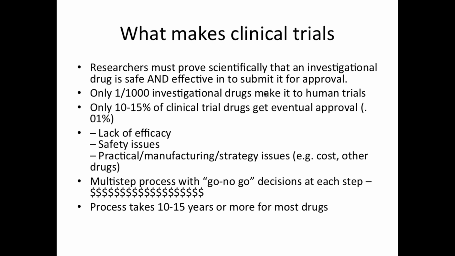Sometimes drugs can't get approval if there's just practical difficulties in manufacturing a drug or things that make that drug untenable for the population. And as I mentioned, each individual step is assessed, and the decision is made with the FDA about whether or not a trial can progress. And sometimes these processes can take 10 to 15 years to get from preclinical to marketing.